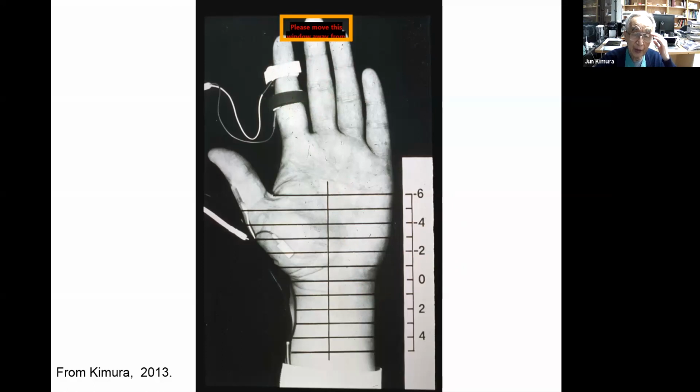So this is 0, and this way we put minus, and this way proximally we put plus centimeters, all right? So when you stimulate here, record the antidromic impulse, and then move the stimulating electrode 1 centimeter, stimulate again, 1 centimeter again, stimulate again. This is an inching technique.